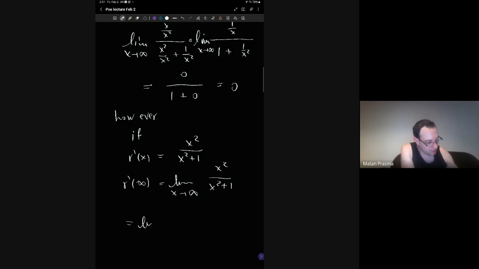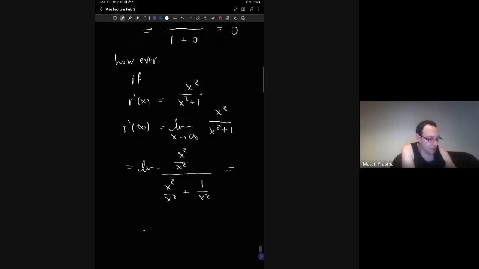And this is x squared divided by x squared over x squared plus 1 over x squared. And this is actually 1 divided by 1 plus 0, so it's 1.